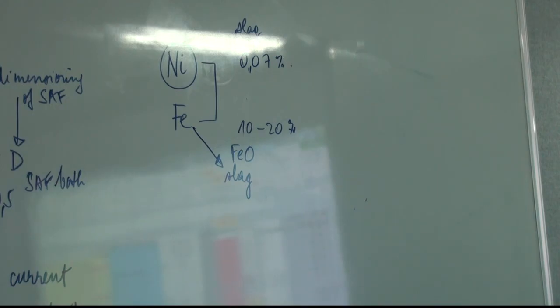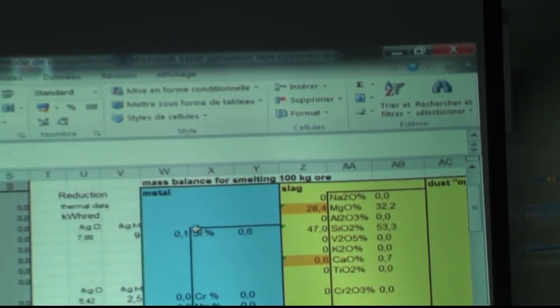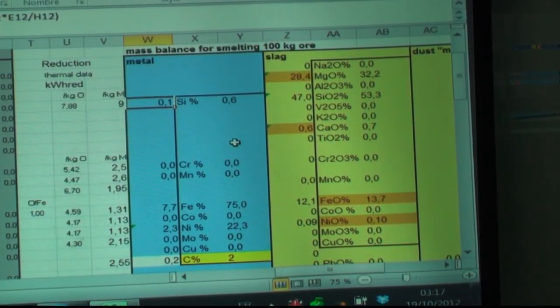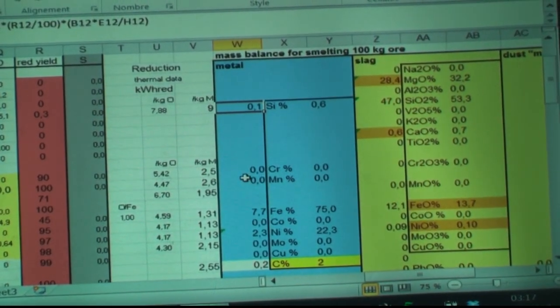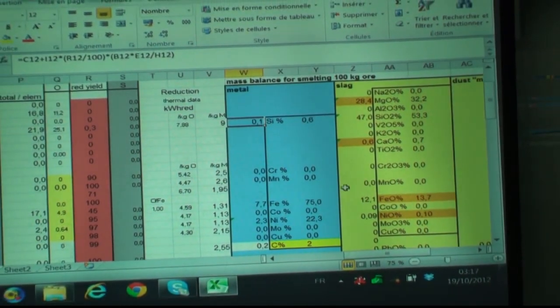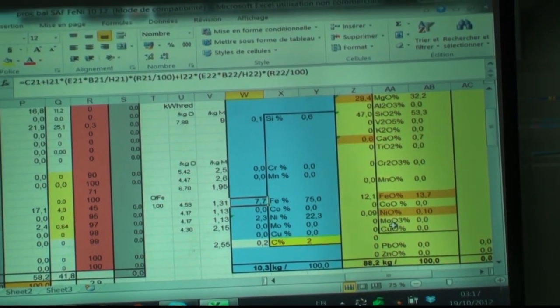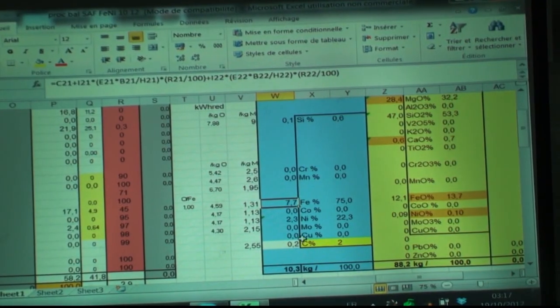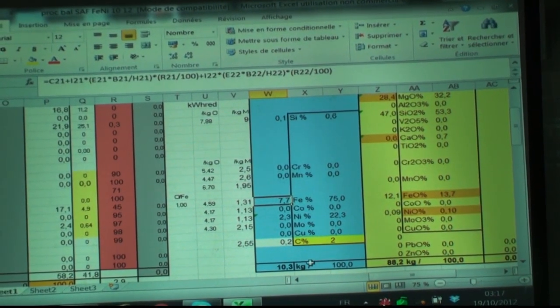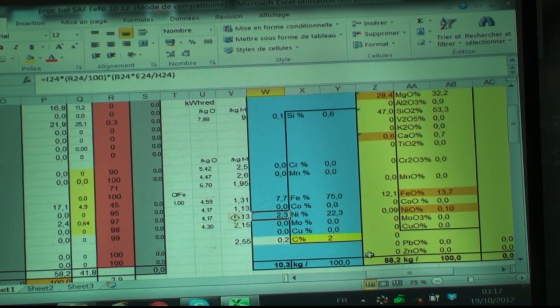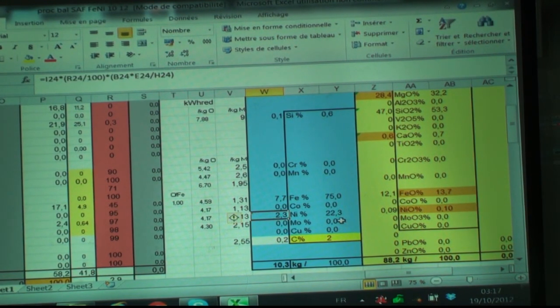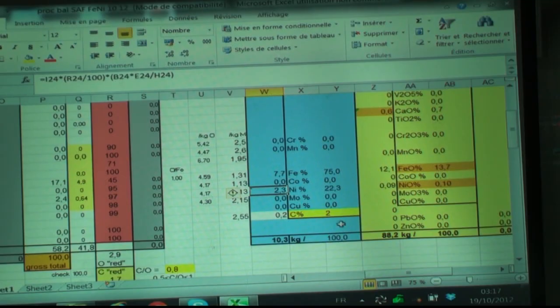Okay, then you see the mass balance is saying that for 100 kilo ore, we obtain 0.1 kilo Fe in the metal. We obtain in the metal 7.7 kilo iron, and we obtain 2.3 kilo nickel. And the carbon we target at 2%.